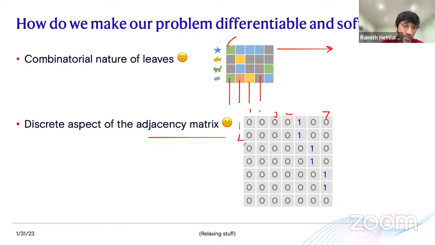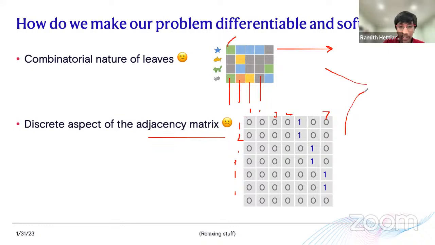In the adjacency matrix, we all know a one in a cell means those two nodes are connected with some directed edge. So we can see that trees are also inherently discrete by the way they are connected.